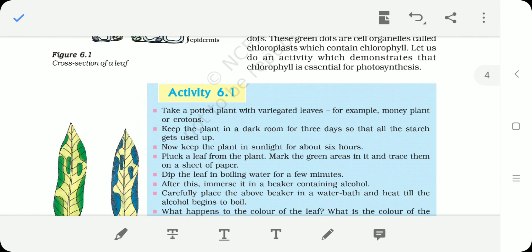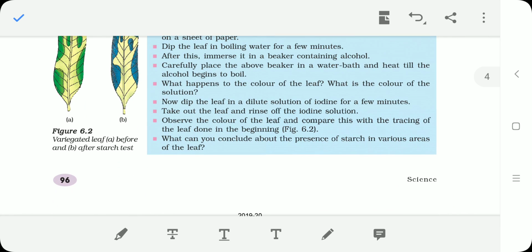Now you can see your activities. These activities show how we can demonstrate that chlorophyll is very important for the plant, and that after photosynthesis starch is made and stored in the leaves of the plant.